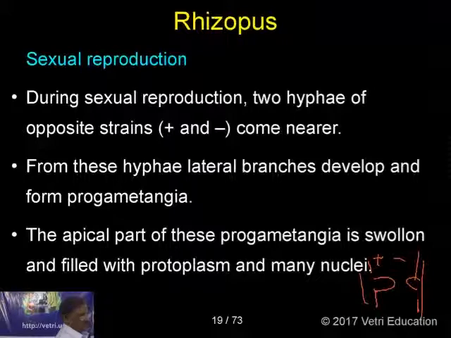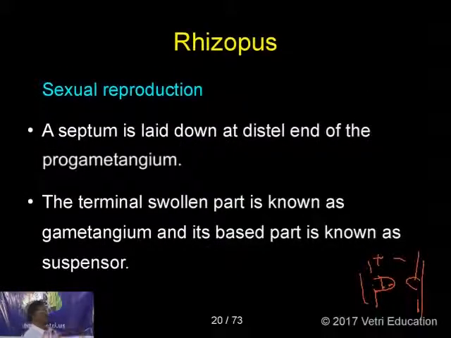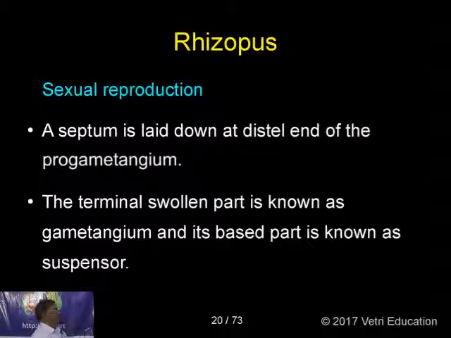A division occurs in the progametangium, and the terminal one is called a gametangium, and the basal cell is known as the suspensor. Then the septum is laid down at the distal end of the progametangium. The terminal swollen part is known as gametangium, and its basal part is known as the suspensor.